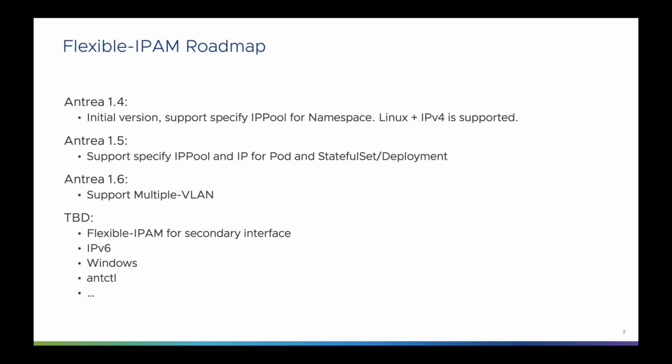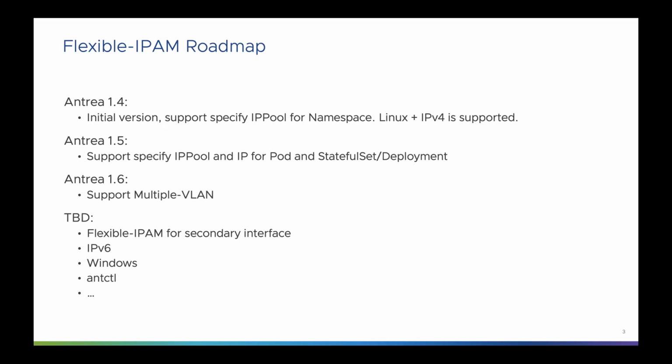We support users to specify IP pool and IP for pod, stateful set and deployment. With Antrea 1.5, the pod IP can be kept if it is specified, or if it is a stateful set pod.